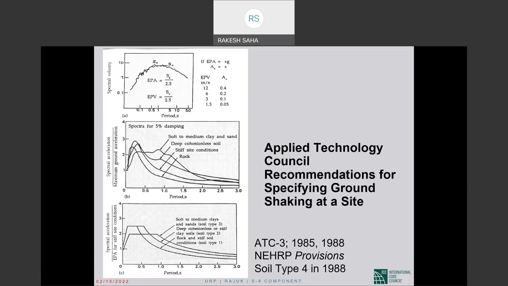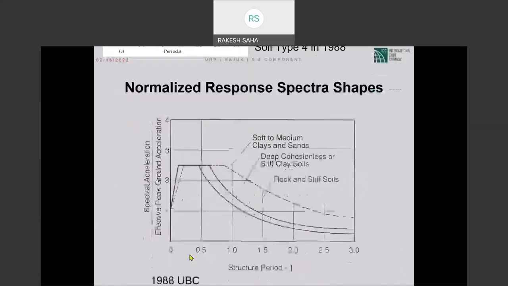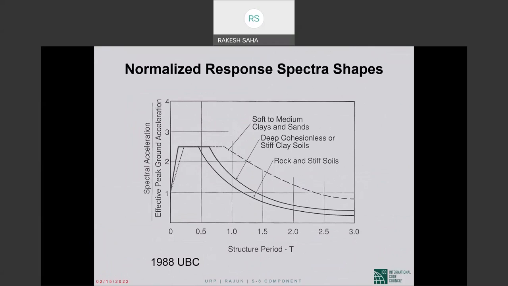The effective peak velocity is the spectral pseudo-velocity divided by 2.5. It is a spectral quantity that is close to the peak ground velocity. Okay, so these were the design spectra of the ATC3 document.